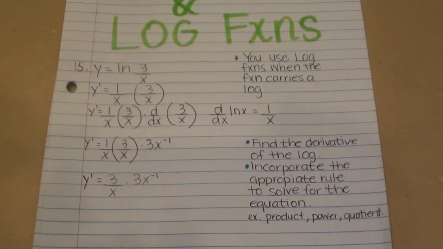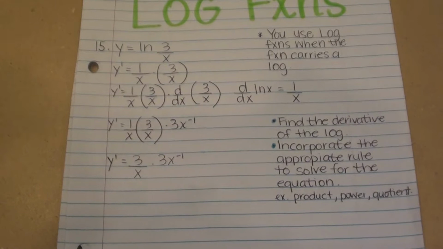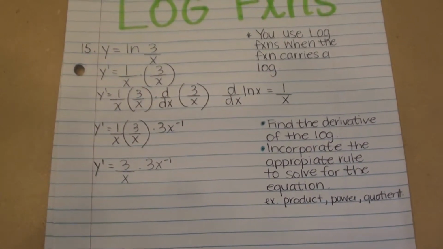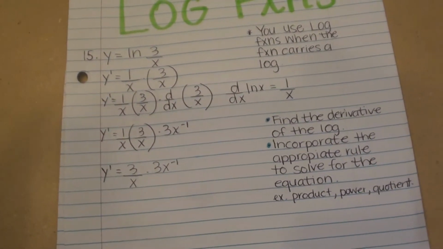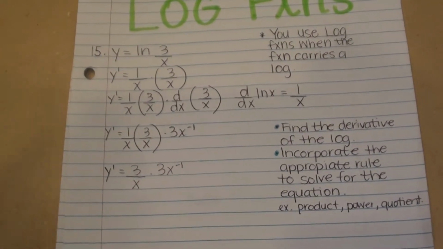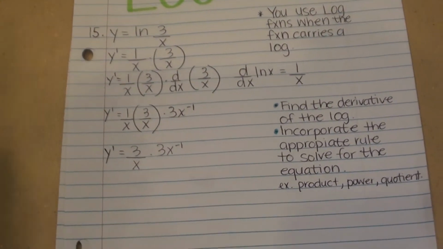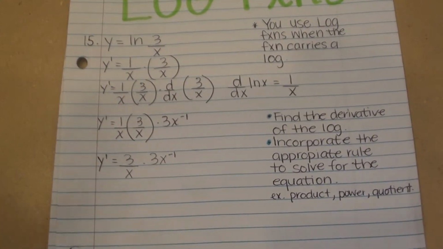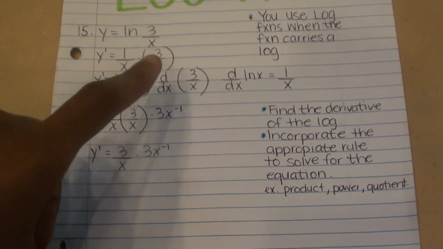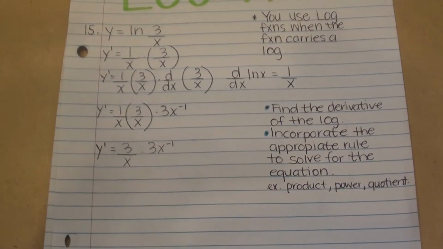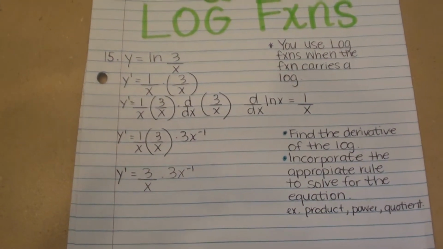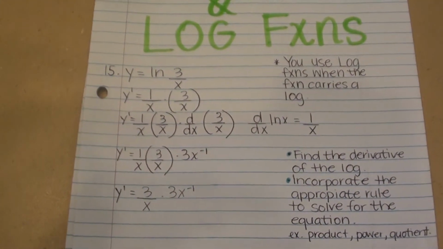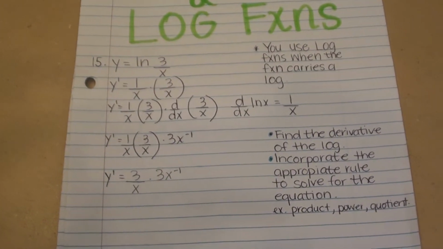Y equals log of 3 over x, so you're going to find y prime, which is 1 over x times 3 over x. Then you're going to find the derivative of the inside function. Your inside function is what's in parentheses. So it's going to be y prime equals 1 over x times 3x times the derivative of 3 over x.